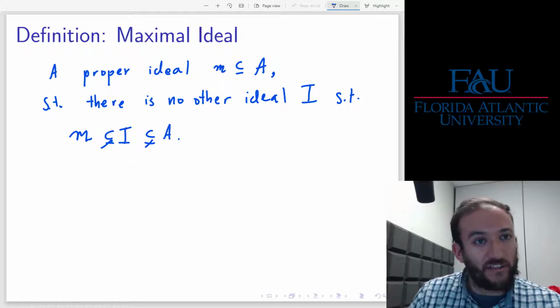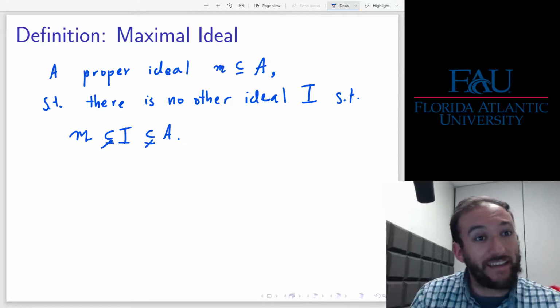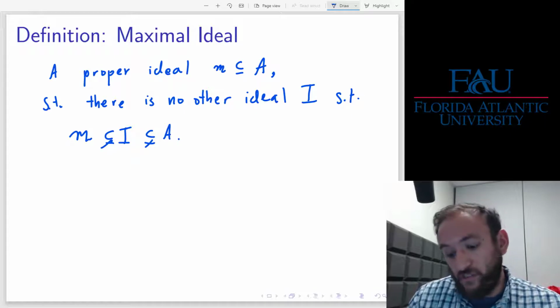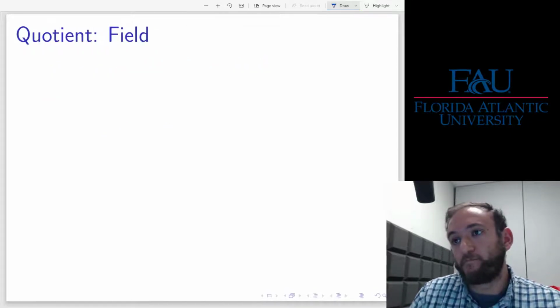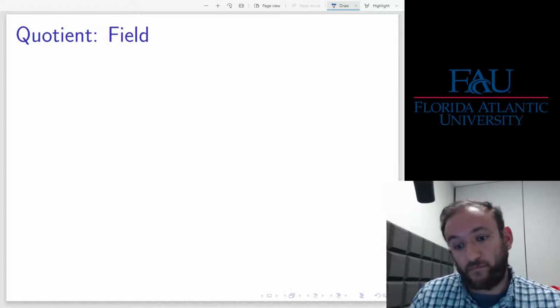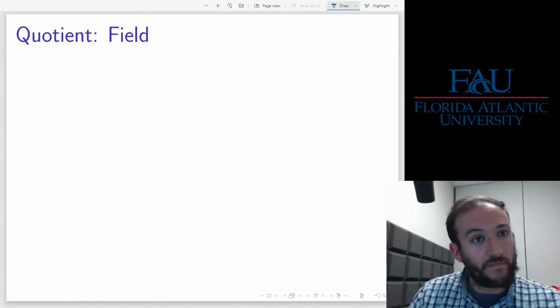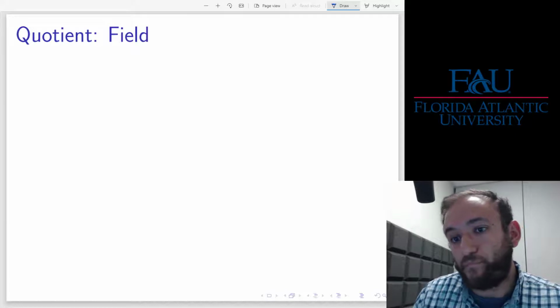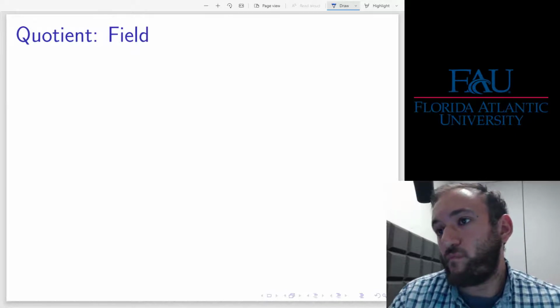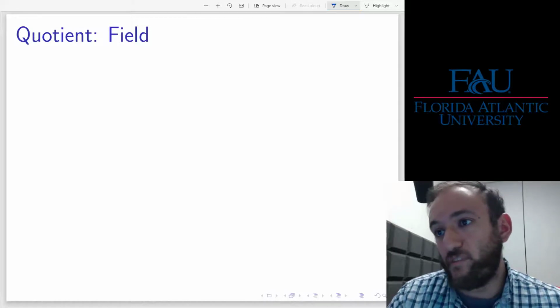And again, the theme of the lecture: whenever you learn about a new ideal, you look for the quotient ring. So what's the quotient ring going to look like for a maximal ideal? The quotient ring will be a field. How do we show that this is the case?